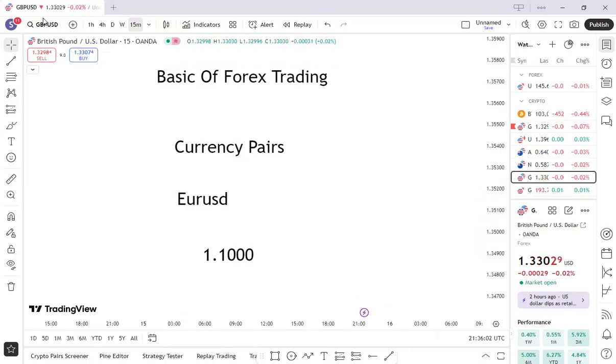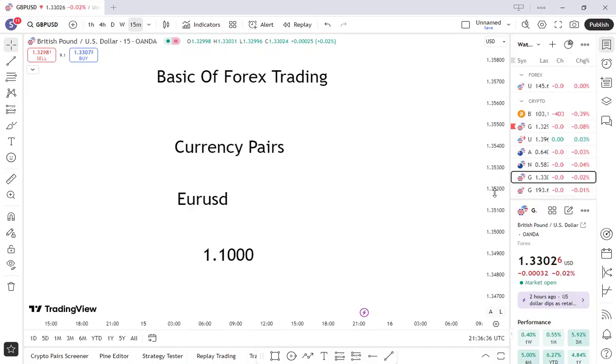Like now, I'm currently looking at GBP/USD. You can look here, this is the quote being listed. So this GBP is 1.352. In GBP/USD, 1 GBP is equal to 1.352 USD. This is what it's actually talking about.